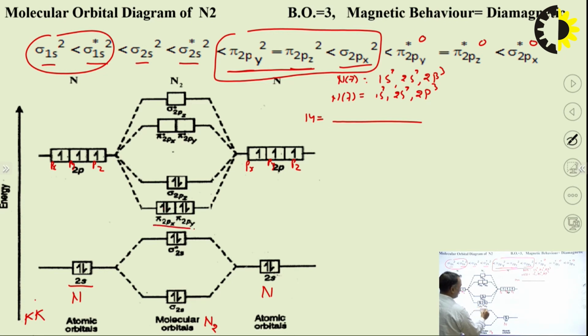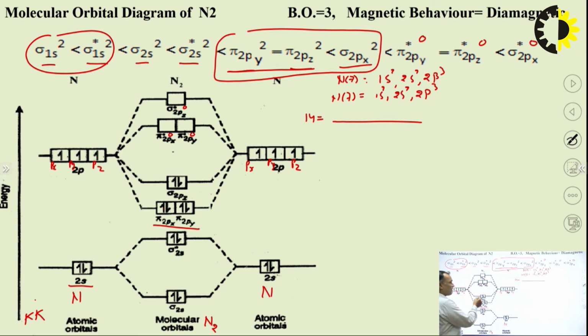So electrons will first go in the pi orbital, and then the electron will go in the sigma orbital, and the rest are 0.